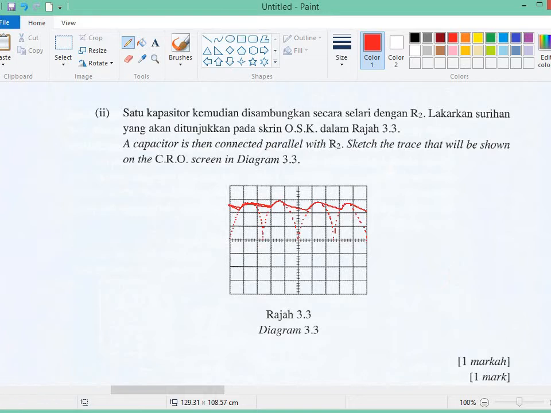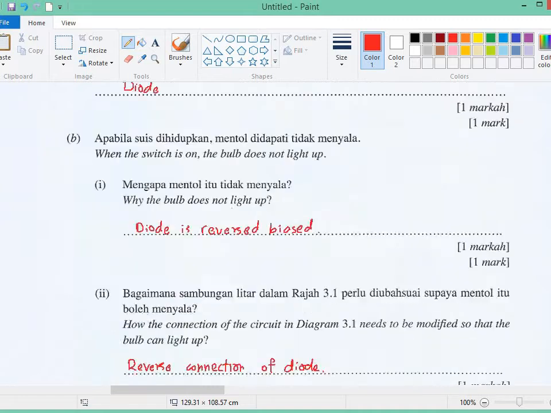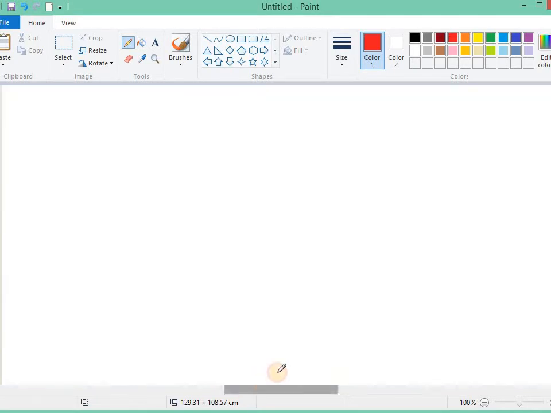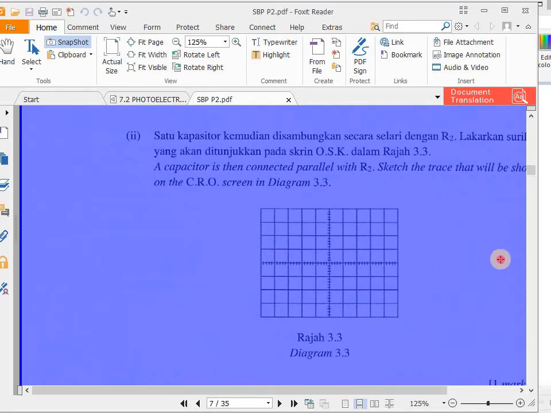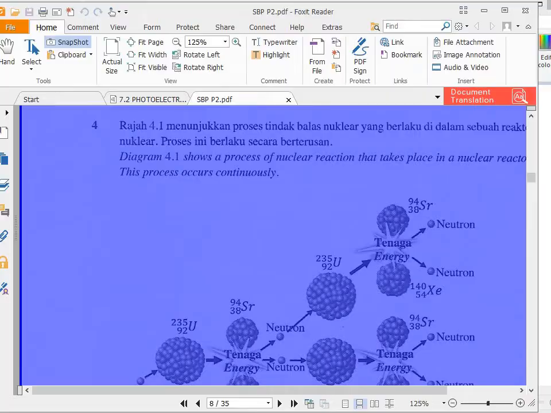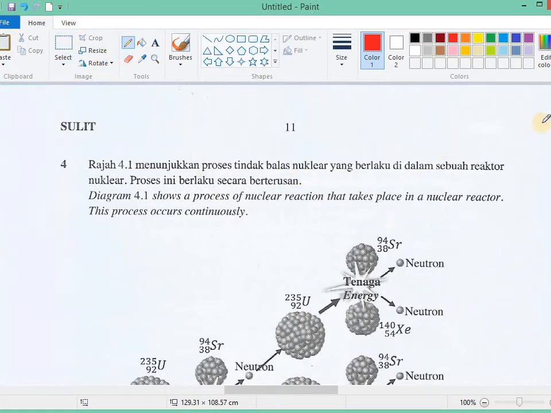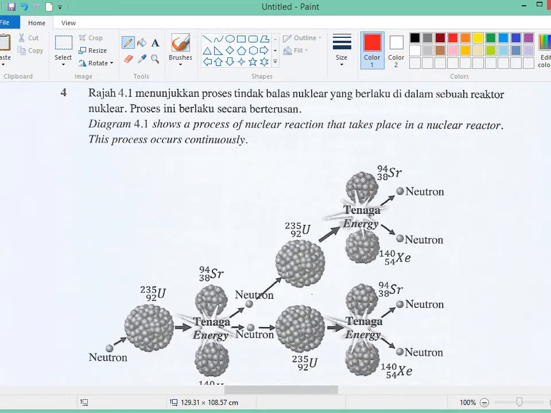Okay, continue. Okay, next. Diagram 4.1 shows a process of nuclear reaction that takes place in a nuclear reactor.